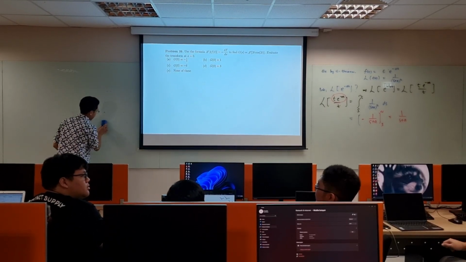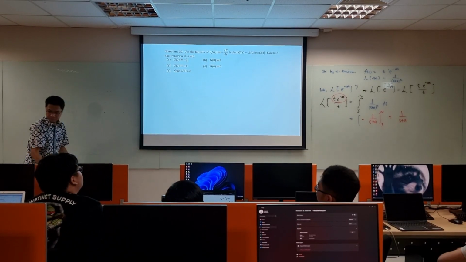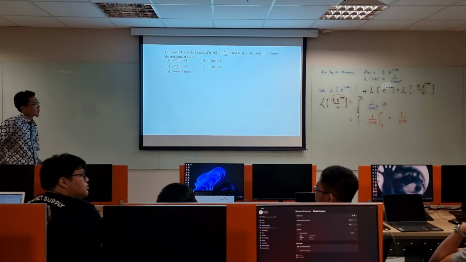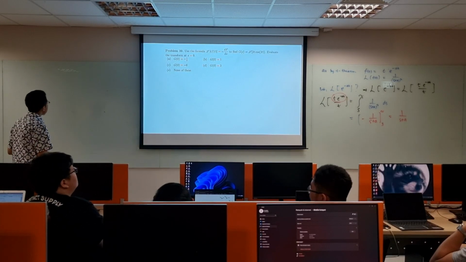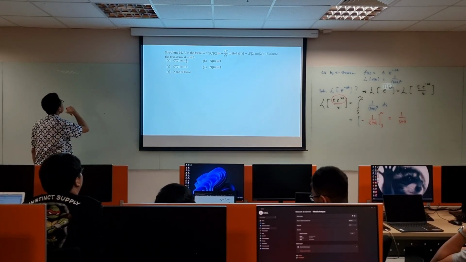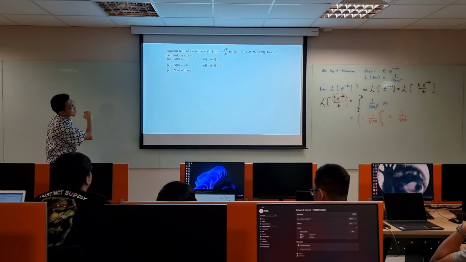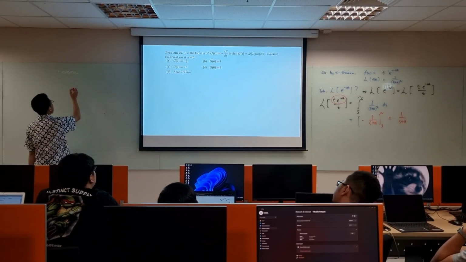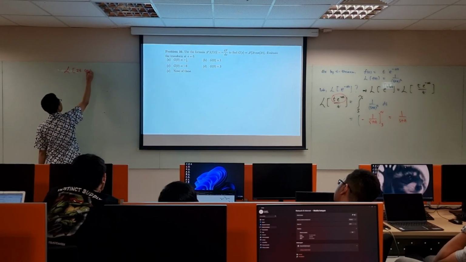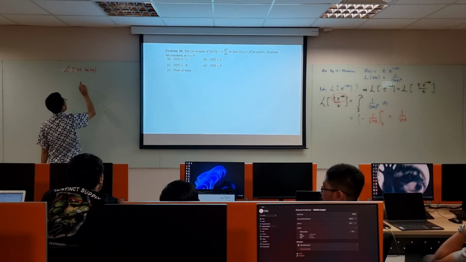Is it this one? Cos 2t, sorry. So you want to find out the Laplace transform of t cos 2t.